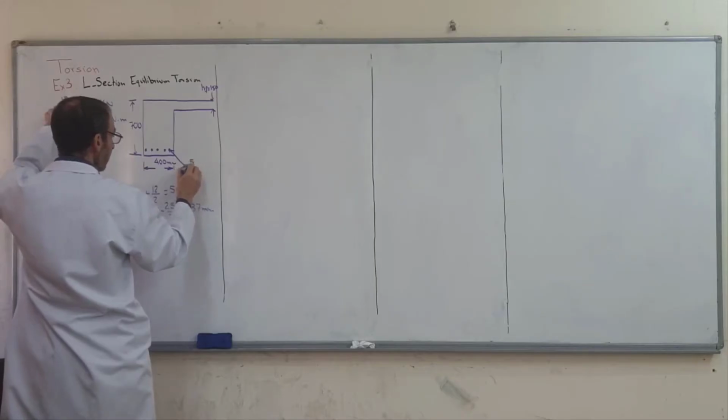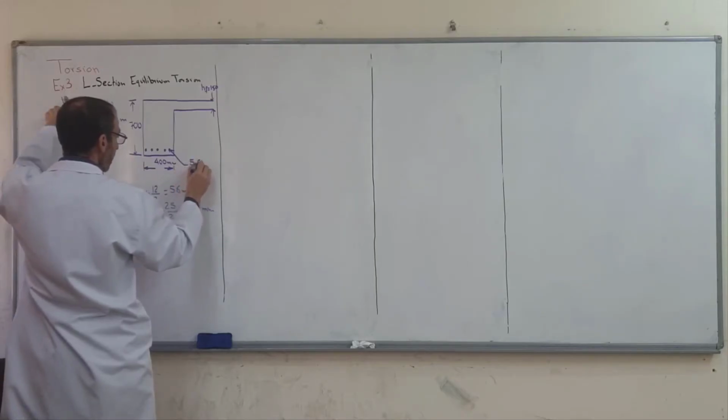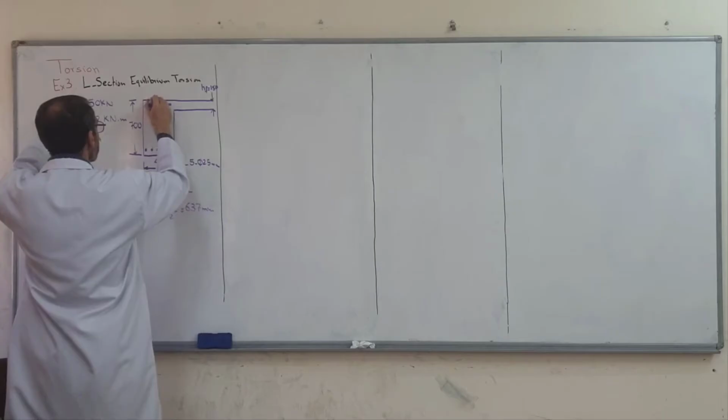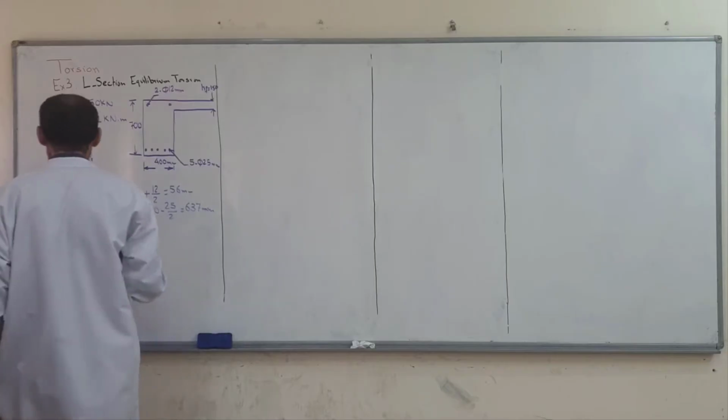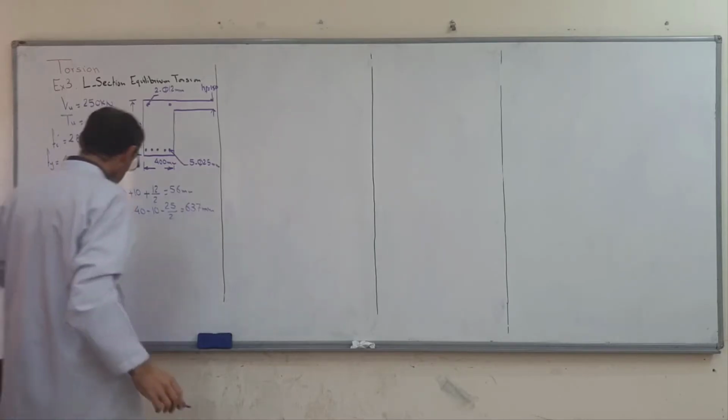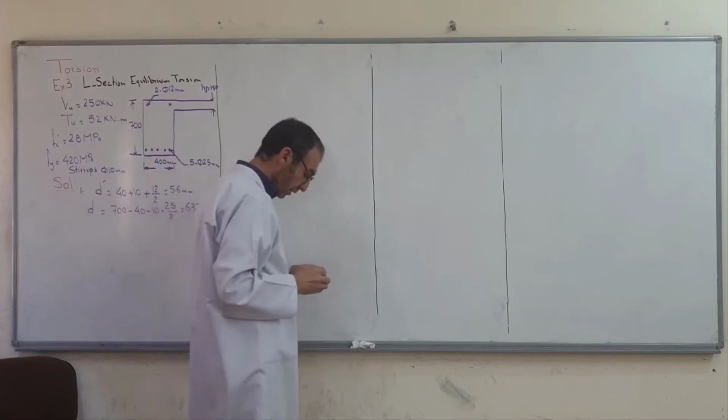We use 5, 25 millimeters. Here we have 2, 5, 12 millimeters. The stirrups here are also given: we use 5, 10 millimeters.